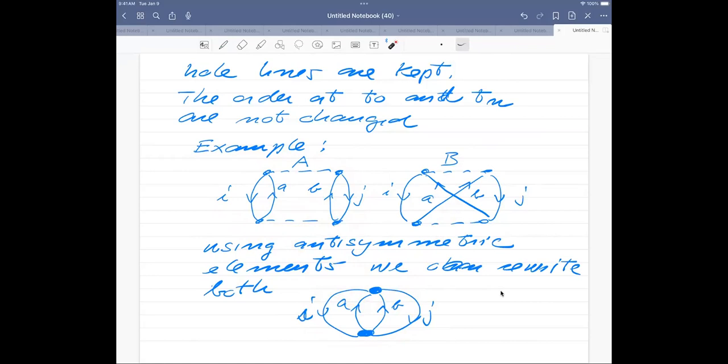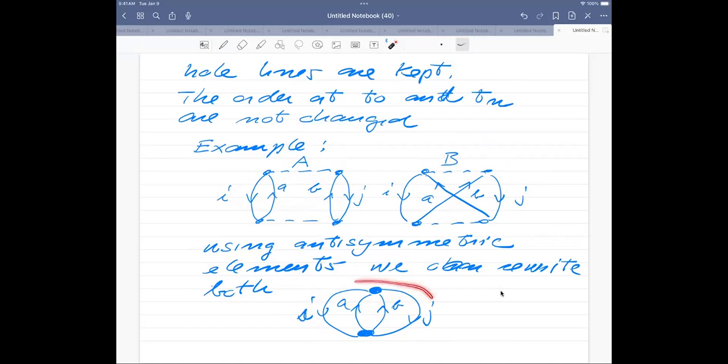Alternatively, if you're not using anti-symmetrized matrix elements, you would have to draw this one and that one. Now, this one has an exchange which is equivalent in expression. And this one also has a case where we can exchange A and B and I and J, and that would be totally equivalent if we do not use anti-symmetrized matrix elements.